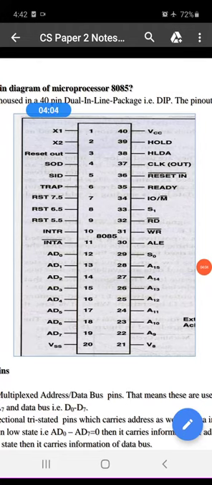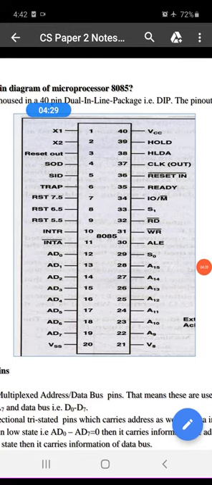Here the LSB of the address or 8-bit data can be carried, depending upon the ALE pin that we will see next. So these are address data multiplexed pins. Then the last pin in this section is pin number 20, VSS, which is used for the ground connection from the supply.